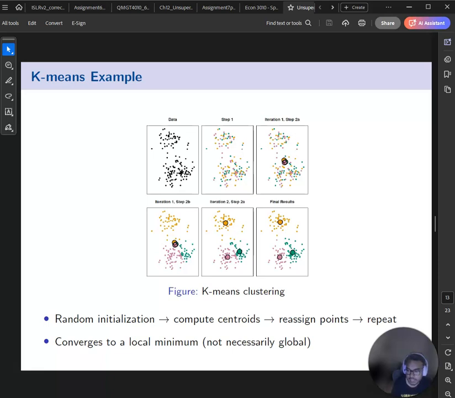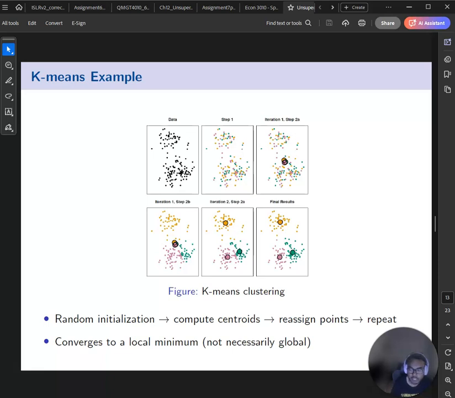We can see the colors shifting as points change their cluster assignments. This process continues in iteration 2, where we recalculate the centroids based on the new assignments and then reassign points again and again. Finally, we reach the final result where the assignments no longer change. The algorithm has converged to a stable solution that nicely captures the 3 natural clusters in our data.